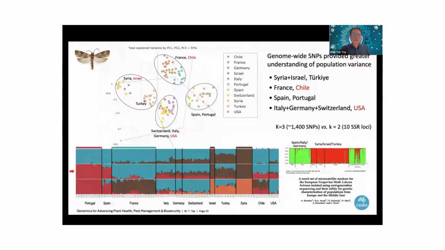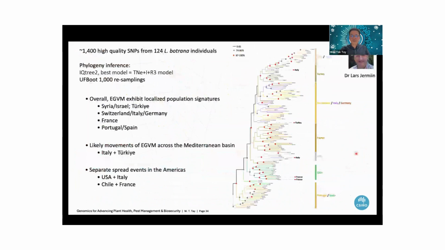But we can also identify that the Chile population was very similar to France, whereas the US population in gray was within the cluster that has Italy, Switzerland, and Germany. And we identified that the best way to characterize the population was 3 genetic clusters, as opposed to the microsatellite loci that only identified 2 genetic clusters.